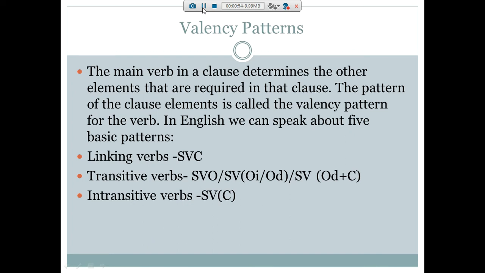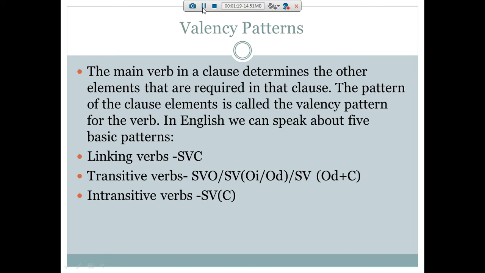The main verb in a clause determines the other elements that are required in that clause. The pattern of the clause elements is called the valency pattern for the verb. In English, we can speak about 5 basic patterns. Linking verbs, that is to say the linking verb followed by a complement.